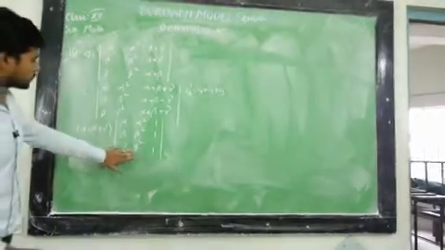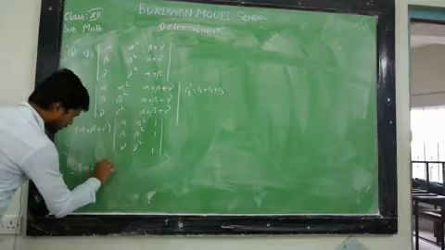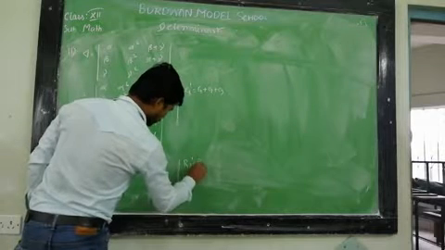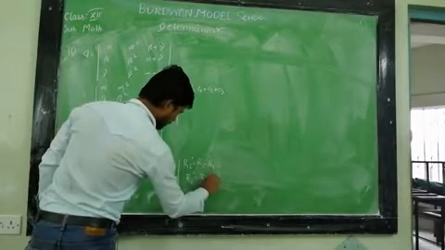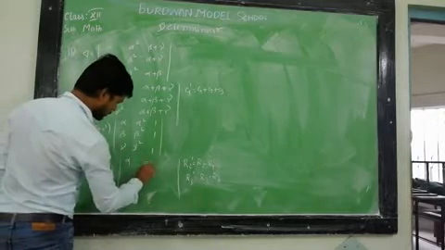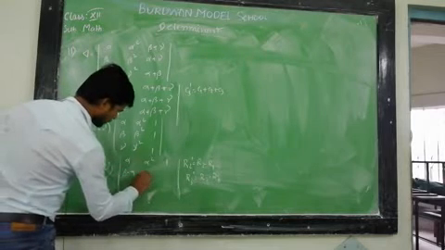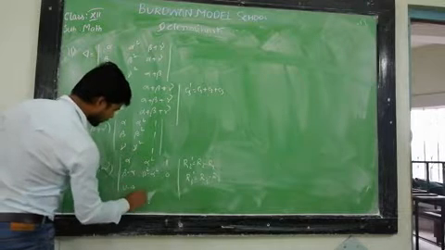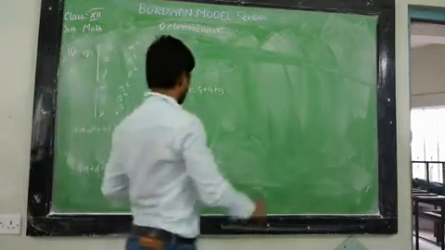Now apply this operation: R2' equal to R2 minus R1, R3' equal to R3 minus R1. We have the first row as alpha, 1; beta minus alpha, beta square minus alpha square, 0; gamma minus alpha, gamma square minus alpha square, 0.